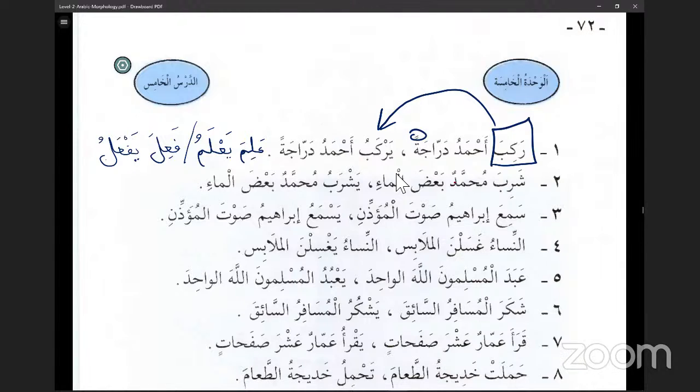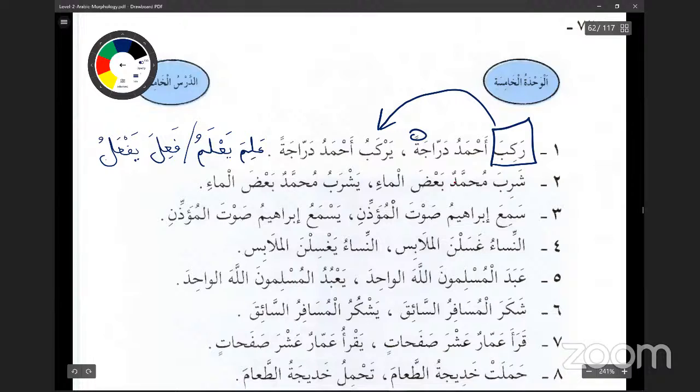So for number 2, inshallah, if I can ask Abu Isa. Abu Isa, can you read us number 2 and translate for us, and then tell us what bab it goes into, please. Barakallahu feek. Assalamu alaikum, Sheikh. Alaikum salam wa rahmatullahi wa barakatuh. شرب محمد بعض الماء. يشرب محمد بعض الماء.